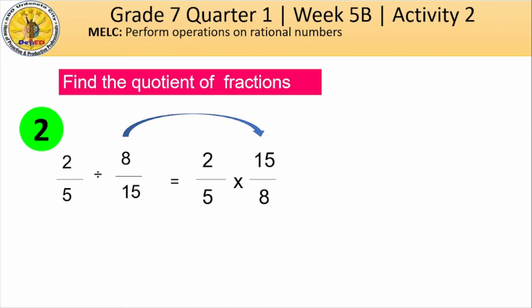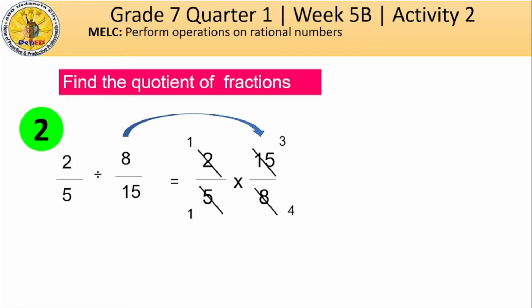And then let us observe our fractions. Since both fractions could still be reduced into lowest terms dahil ang 2 at 8 are both divisible by 2. 2 divided by 2 is 1 and 8 divided by 2 is 4. Same is true with 5 and 15.